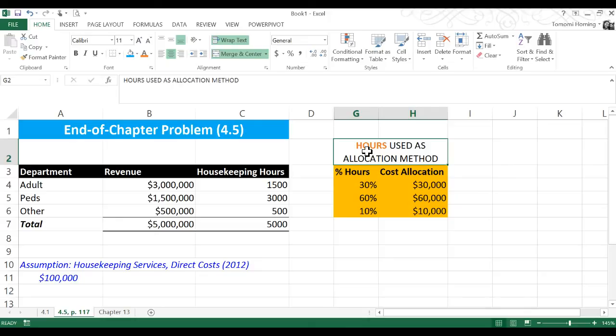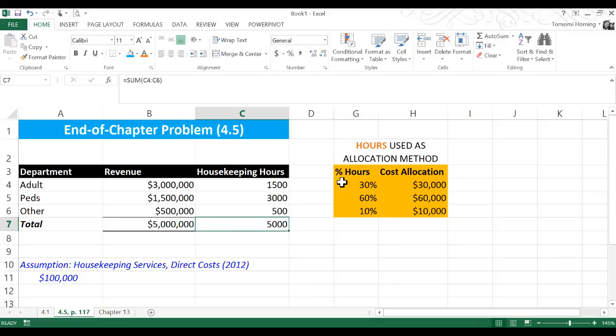Now, let's say we want to use hours as the cost allocation cost driver. So it's going to be the same process as we used for revenues. We need to have some sort of a percentage that takes the total hours and allocates proportionately based on the number of hours utilized by each department.